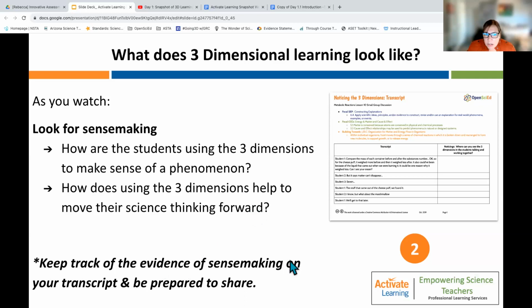What I'm asking you to do is 2 things. First, watch the video. Second, as you're watching, fill in this right side because we are going to be sharing our ideas on a Jamboard afterwards. We're just looking for evidence of the 3 dimensions and thinking of how the dimensions move their science thinking forward.